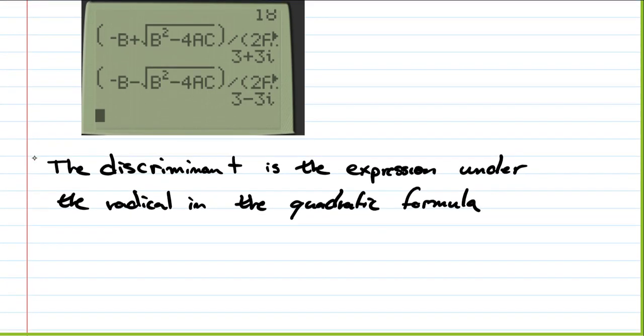So specifically then, the discriminant is the b squared minus 4ac. So the discriminant tells us about the nature of the solutions to a quadratic equation.